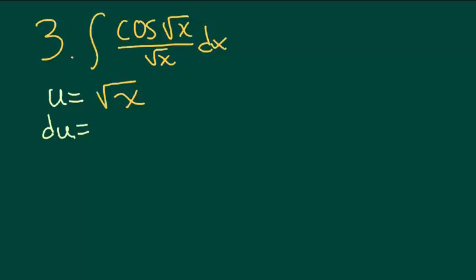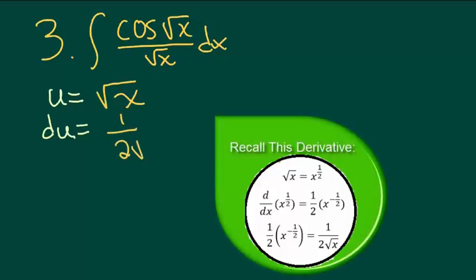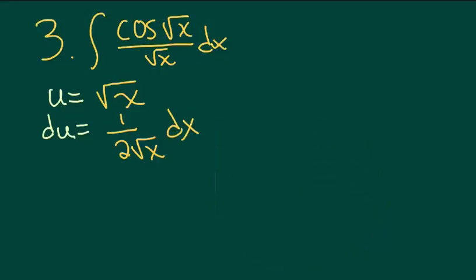And you'll see that that makes a lot more sense because the derivative of the square root of x is 1 over 2 square root of x dx. To make this more closely match what we have in the actual expression, we multiply both sides by 2. So now we have instead 2 du is equal to 1 over the square root of x dx.